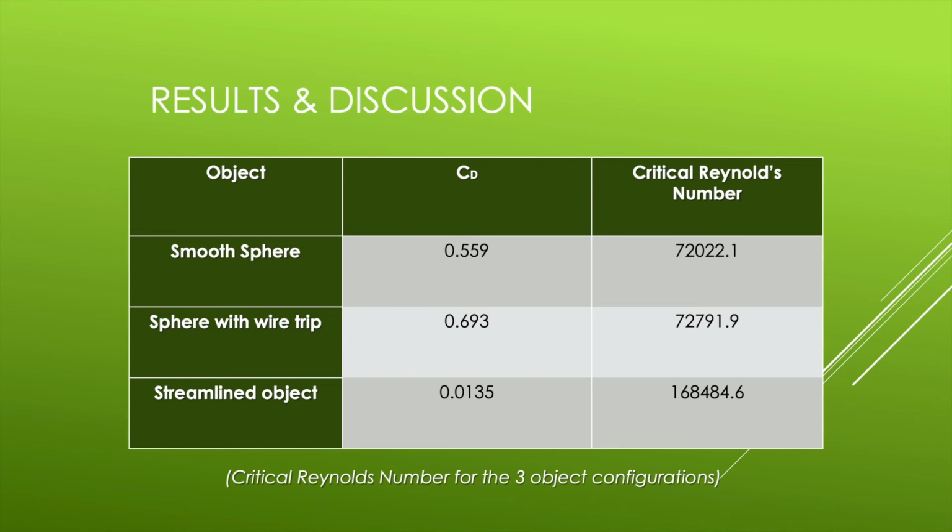When an object experiences a large rise in drag, that is used as an indication of when the object experiences unfavorable pressure gradients, which cause the separation of the boundary layer. Here we have observed that the object with the largest coefficient of drag is the sphere with the wire.